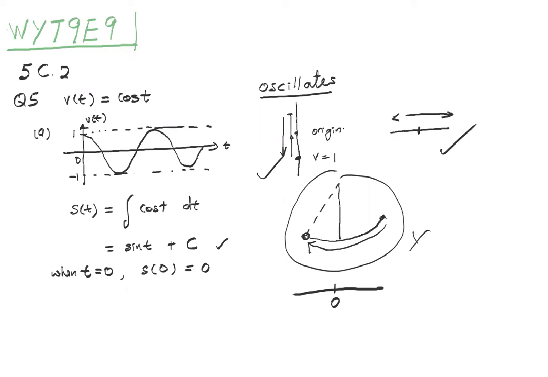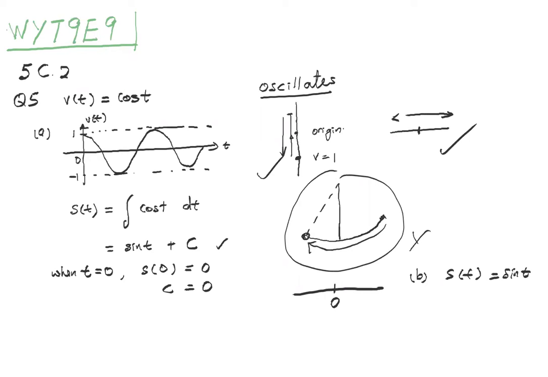So I want to show you, find the distance between the 2 points. In this case, c equals 0. So if you want to find the distance between 2 points, you know that your displacement function is sin t, correct?